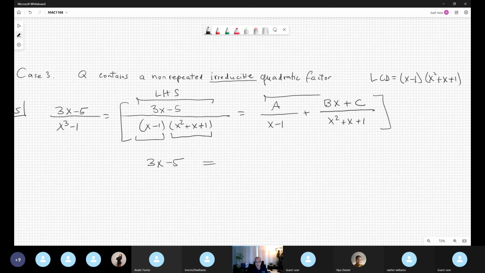But on the right-hand side, we have two fractions. We have A times x squared plus x plus 1, plus Bx plus C times x minus 1.